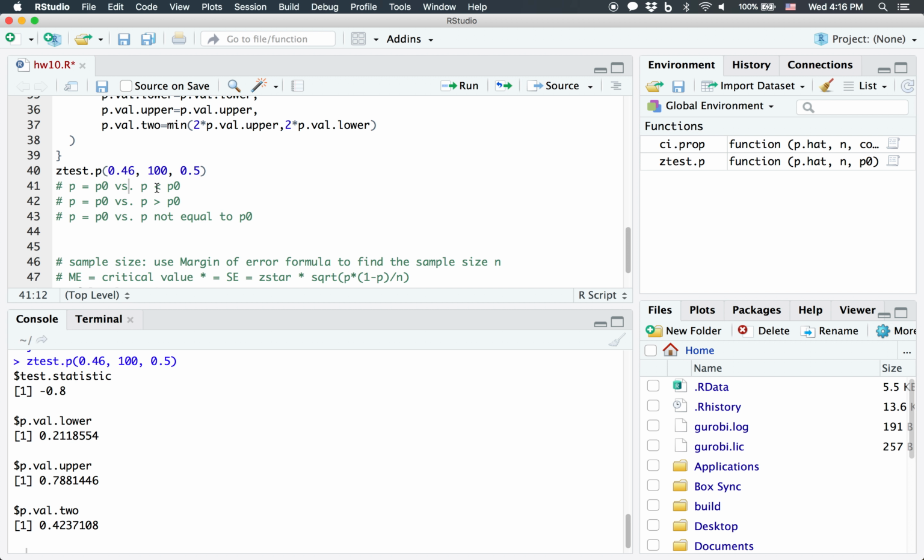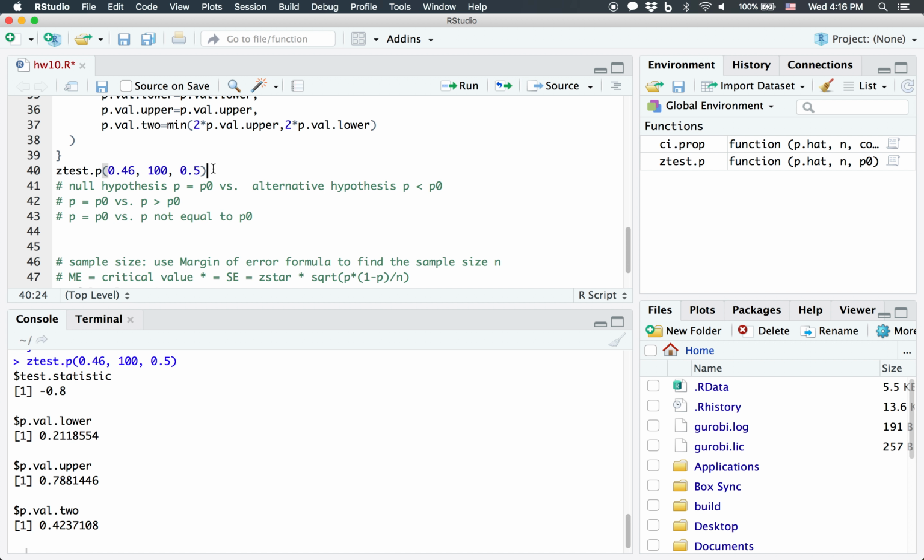Whether the population proportion is less than, greater than, or not equal to the null hypothesis. So this is the null hypothesis, and then this is the alternative hypothesis.